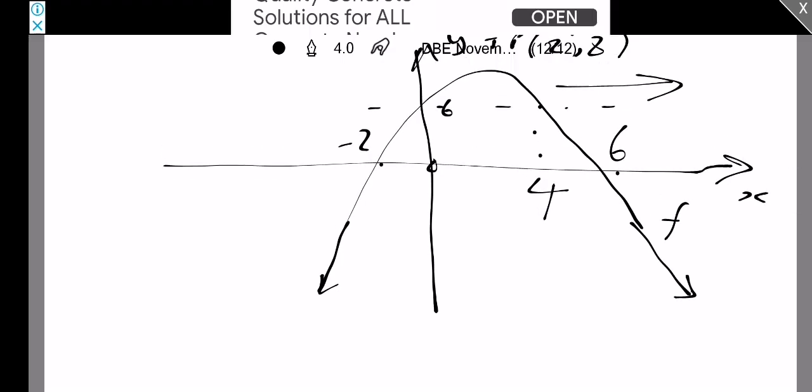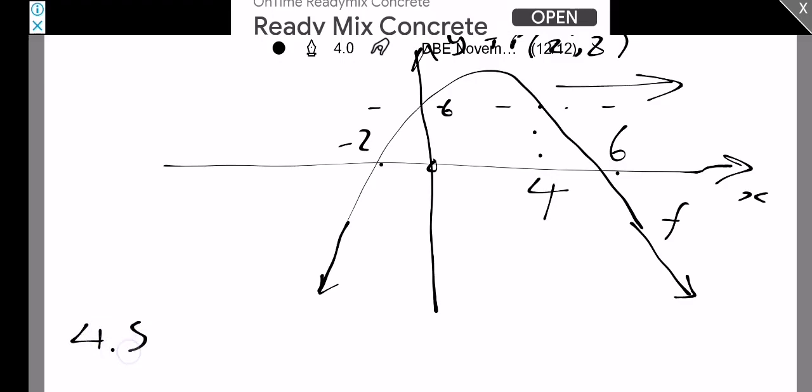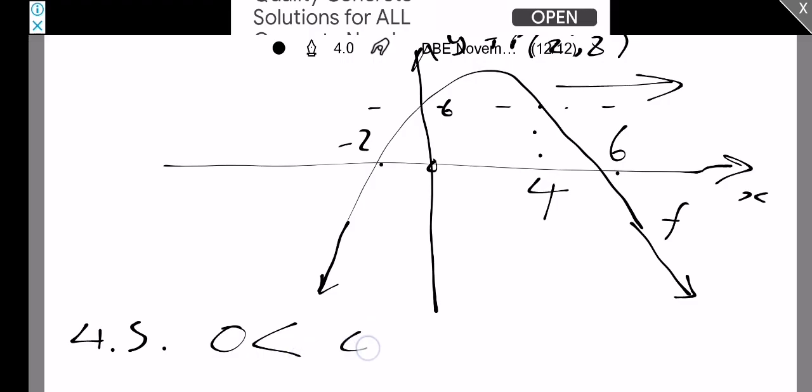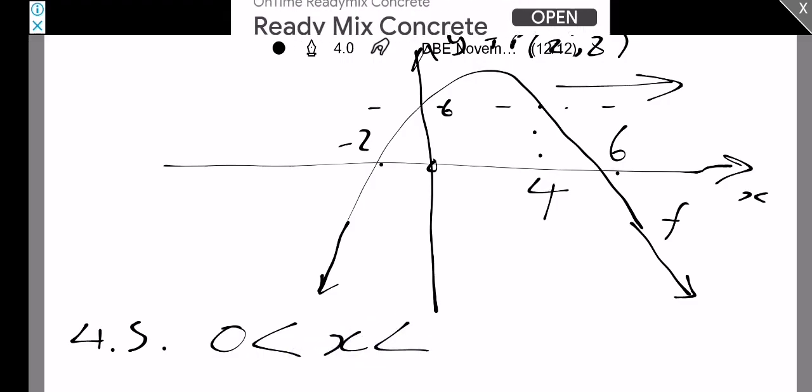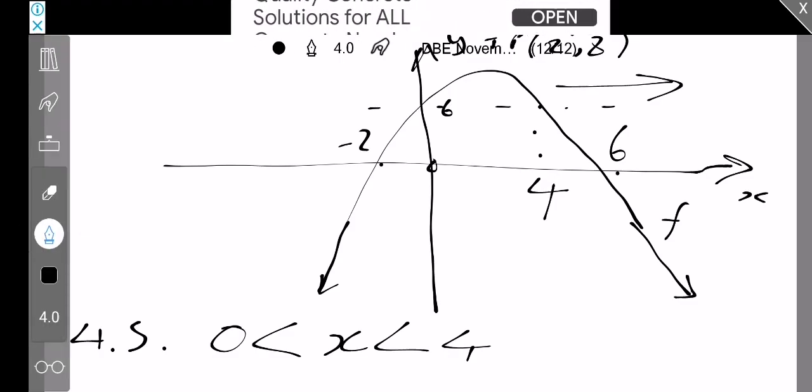So, in other words, 0 is less than x, and x is less than 4. No, sorry, it is greater than 4, not less than 4.